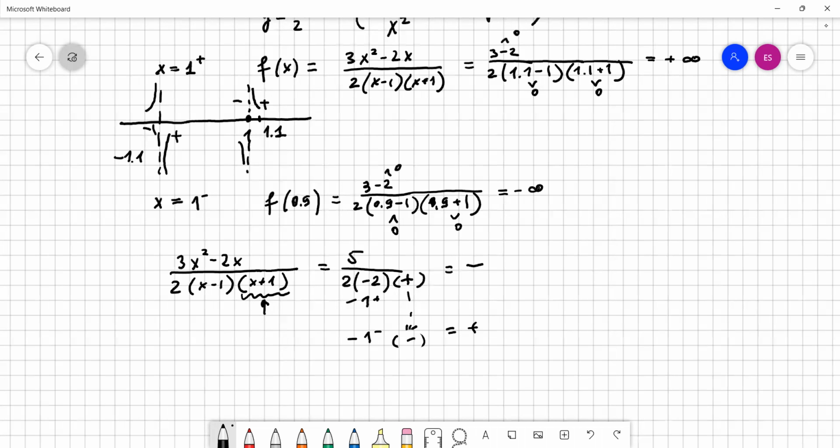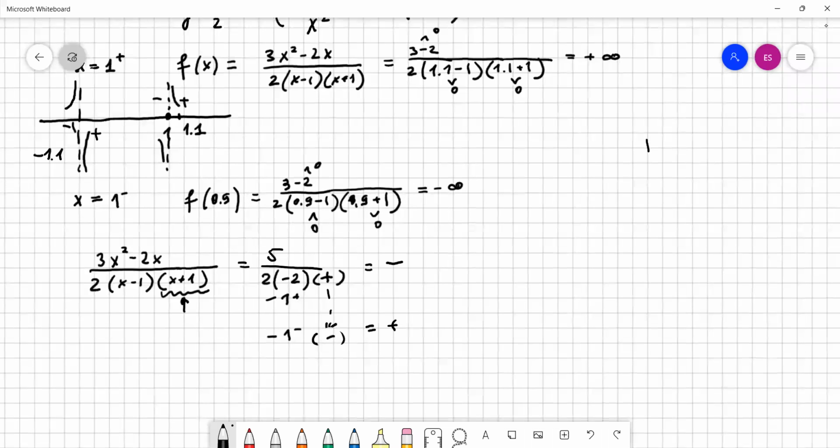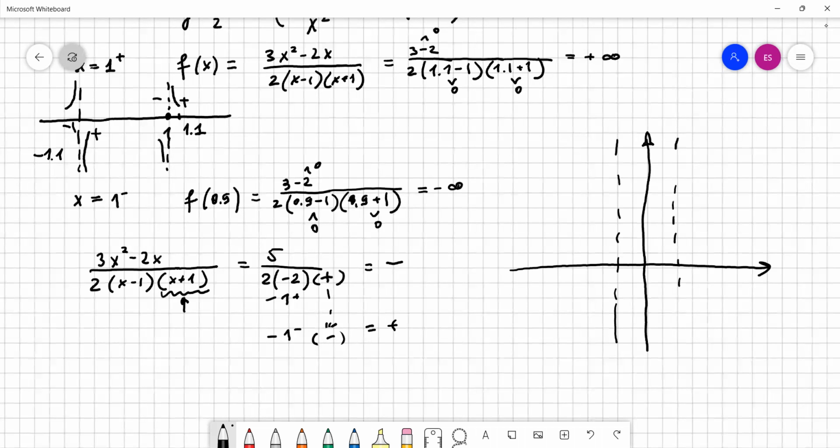Now, guys, I'm going to just graph the whole picture. So I have two vertical asymptotes, -1 and 1, and the horizontal asymptote 3/2. Let's do 3/2.